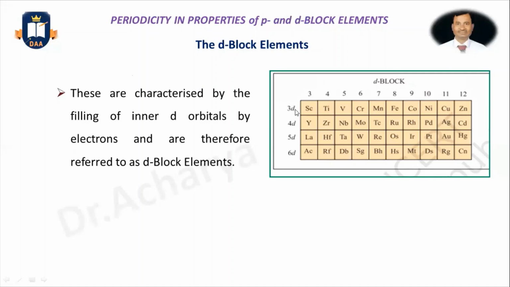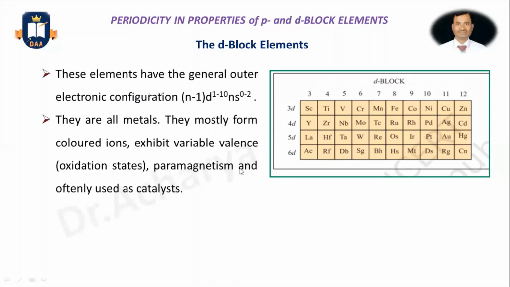So these 3d orbitals have five orbitals and can accommodate 10 electrons. That's why they are referred to as d-block elements.